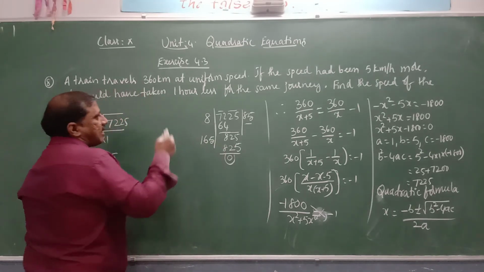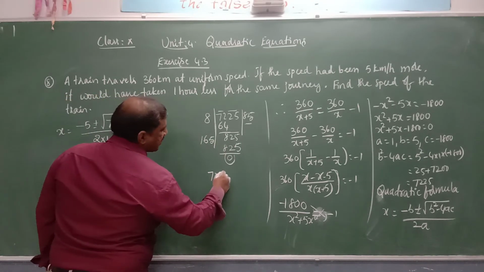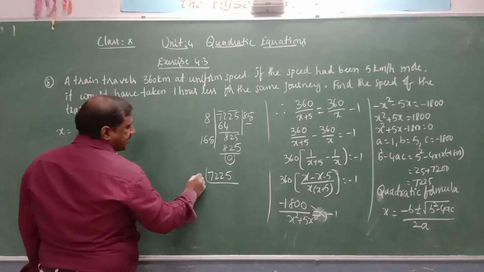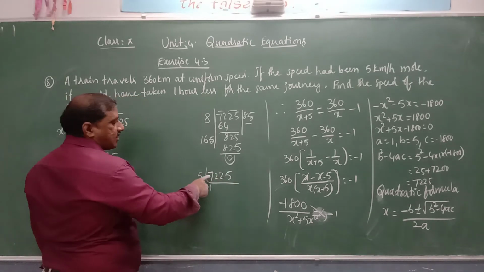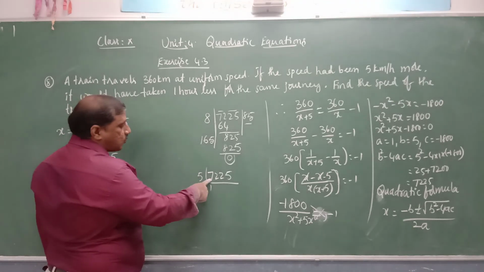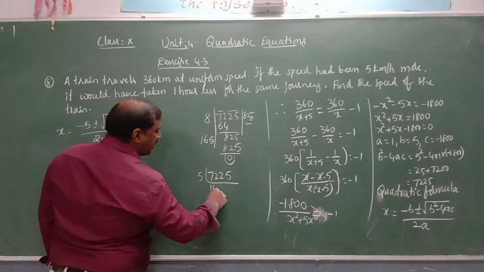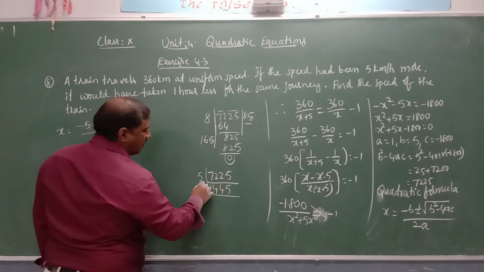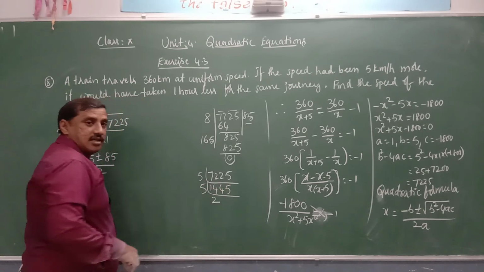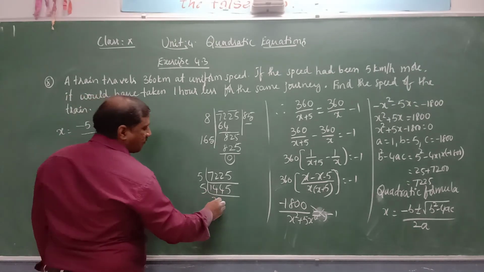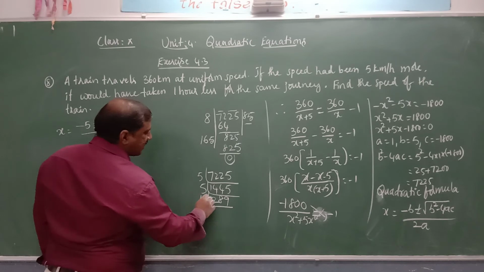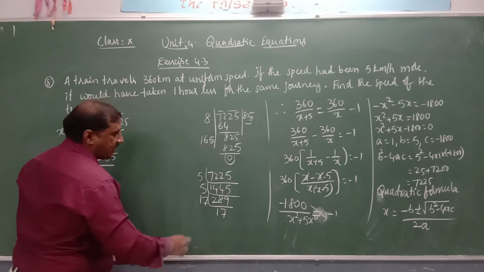Even if you want, we can use the prime factorization method also. 5 1s are 5. 7 minus 5 is 2. 2 with 2 is 22. 5 4s are 20. Again 5 5s are 25. With 5 2s are 10. 4 will get 44. 5 8s are 40. 5 9s are 45. 289 is 17, 17 17s are 289.